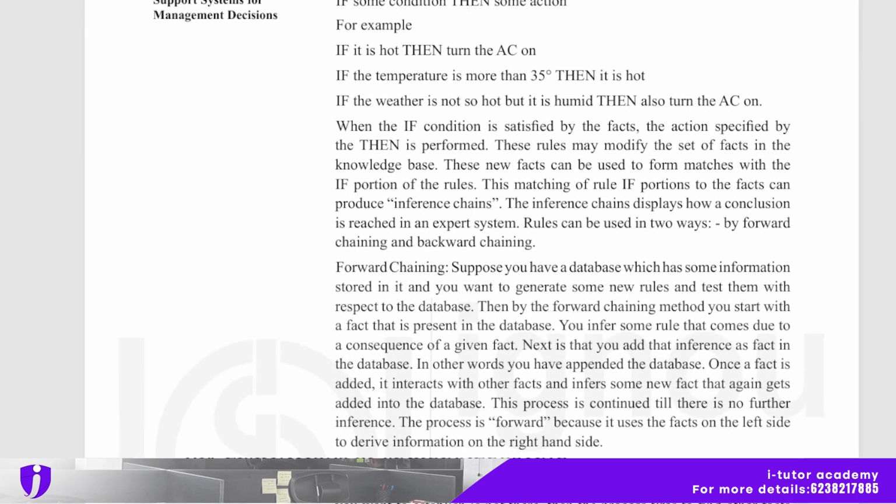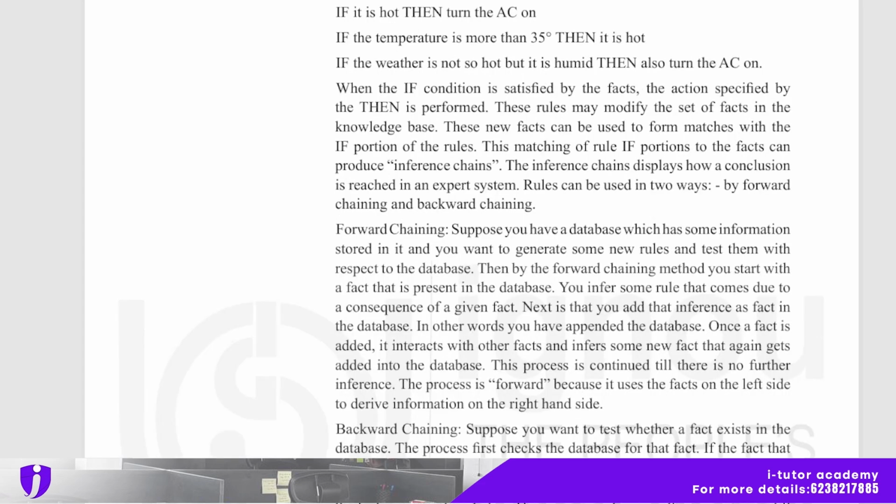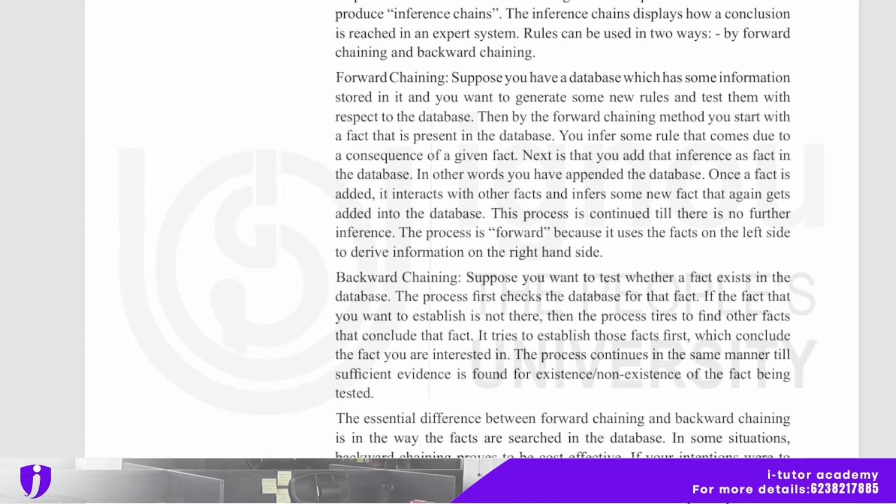Okay, so like that. Forward chaining: suppose you have a database which has some information stored in it, and you want to generate some new rules and test them with respect to the database. Backward chaining: suppose you want to test whether a fact exists in the database, the process first checks the database for the fact.